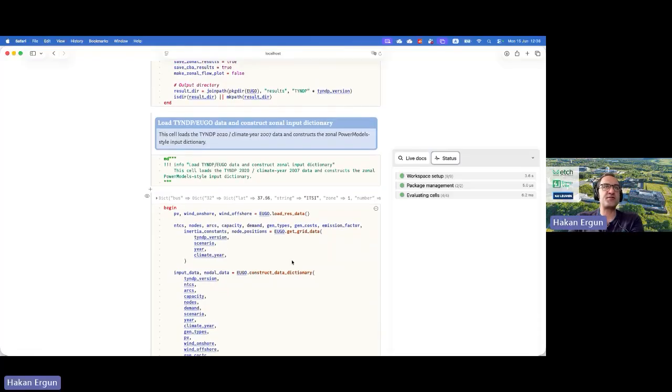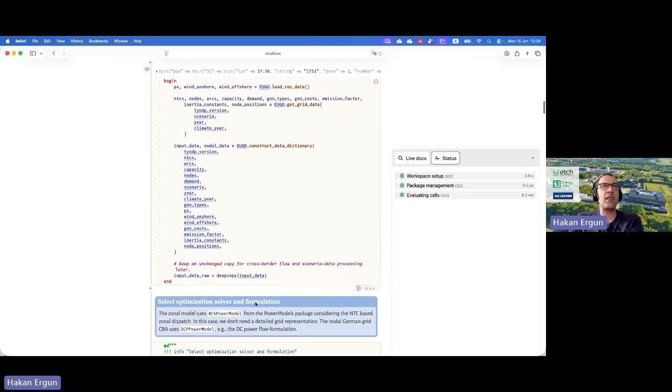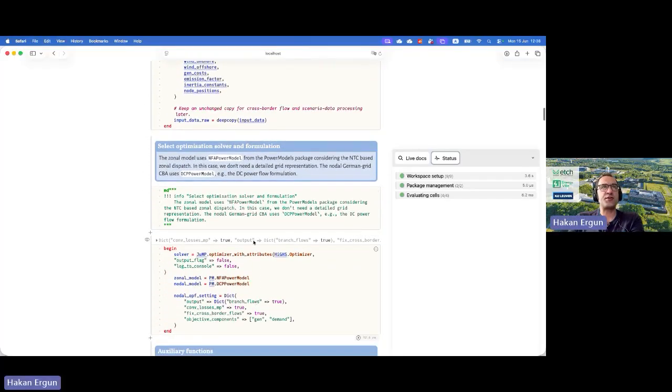So in the very first part of the code, we are going to get all the input data that is coming from the EU-GO package. And these are taken care of by these functions. Then we are going to run our zonal market clearing model. For the zonal market clearing model, we have a network flow model, or an NTC-based model, which means we are not modeling any type of Ohm's law.